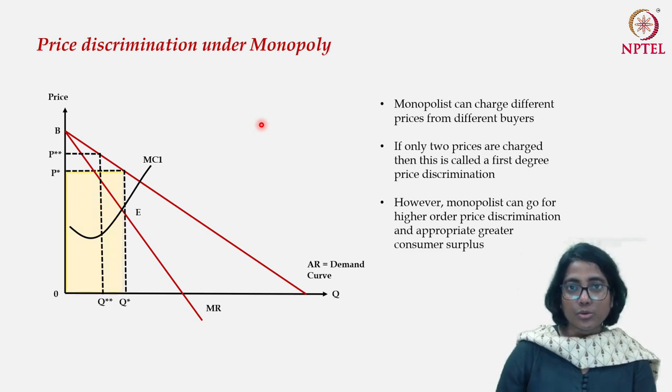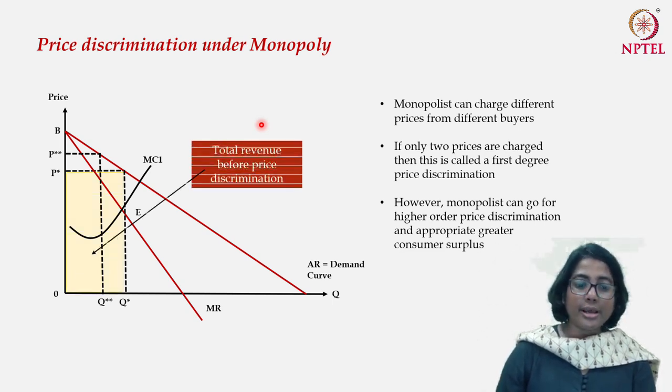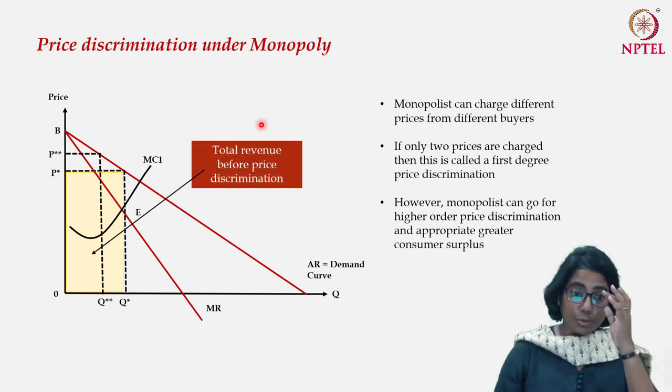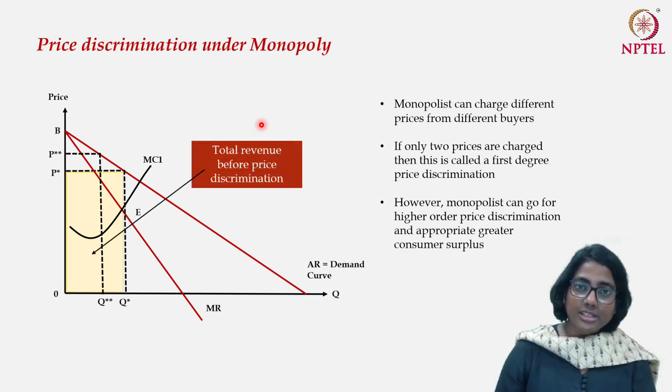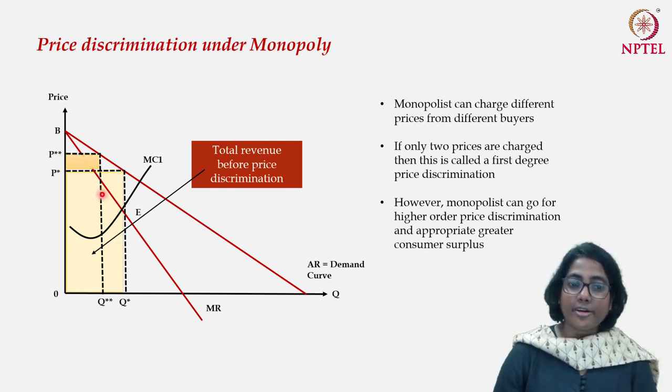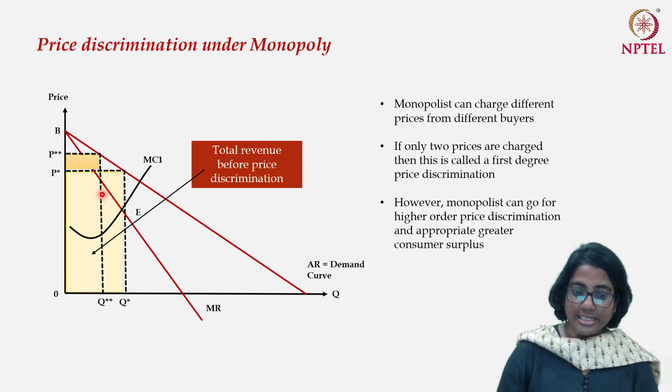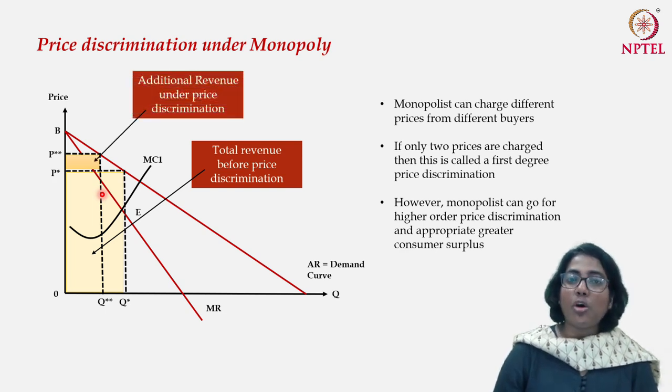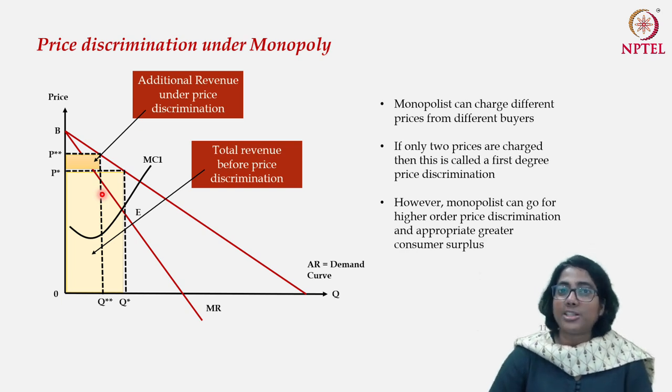The total revenue that the monopolist will earn under no price discrimination is captured by this yellow block. The moment the monopolist goes for price discrimination, in addition to this area, it will also earn the revenue equivalent to this area. So the revenue of the monopolist will actually increase if there is price discrimination.